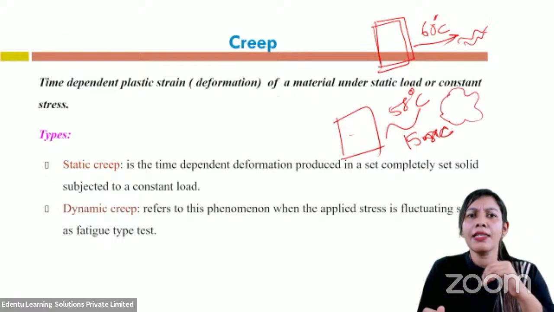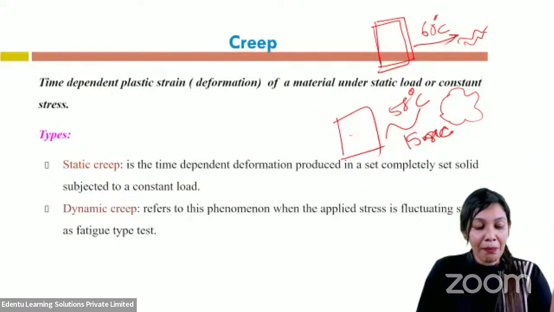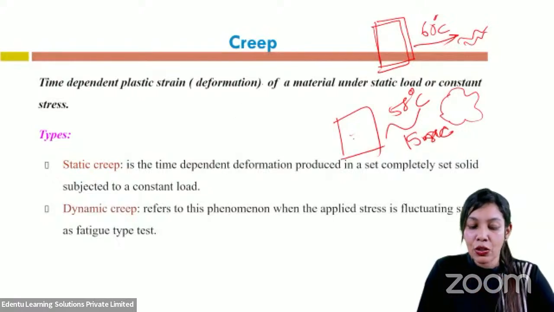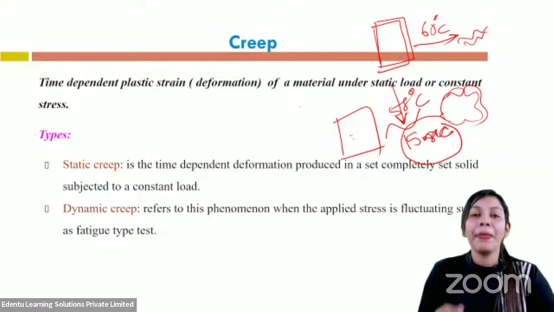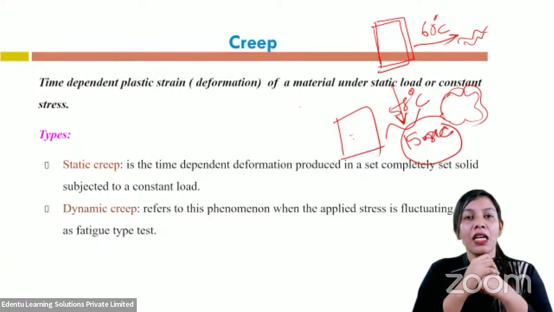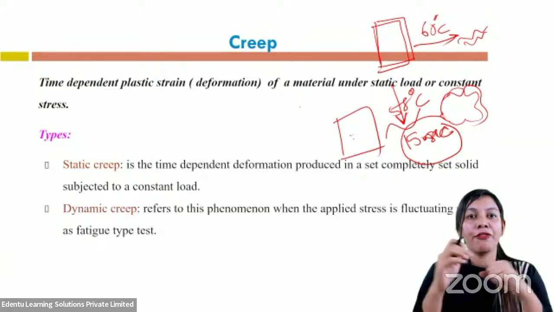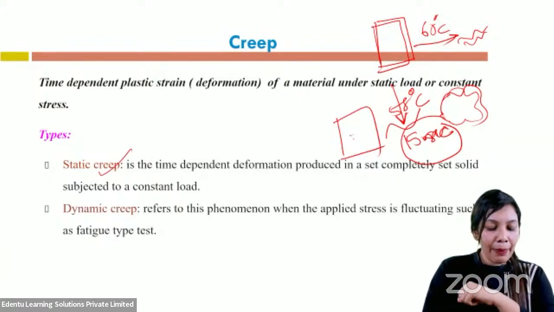This is called what? Creep. Creep is a time-dependent plastic strain. It means a material is subjected to a particular force at a particular time and there is certain deformation taking place in that material. The force applied might be of two types, static creep and dynamic creep.